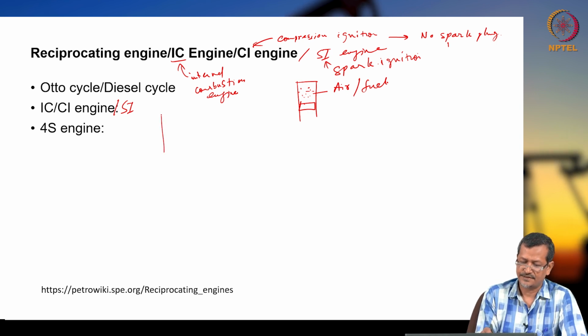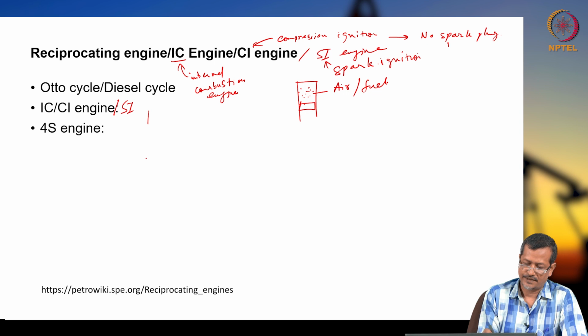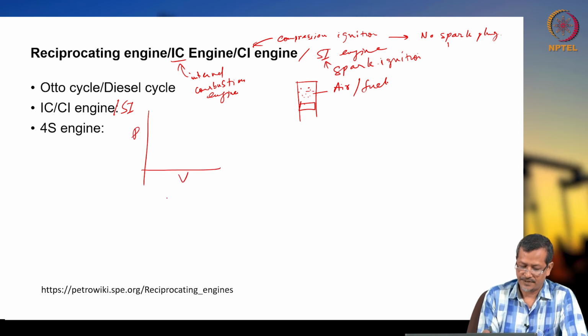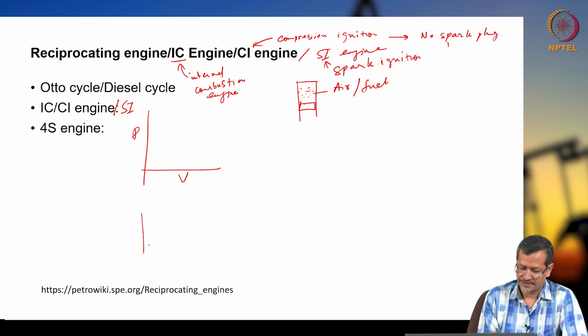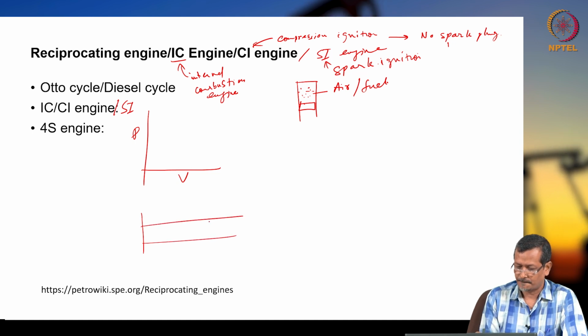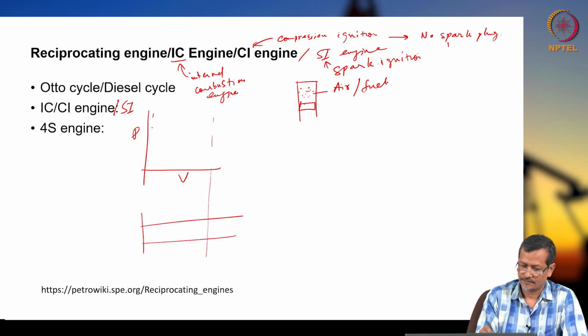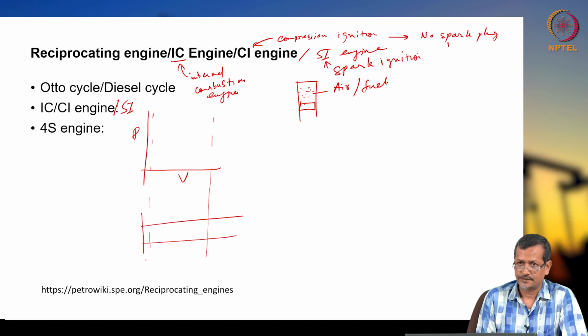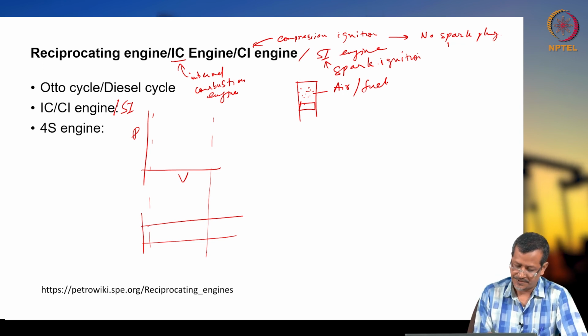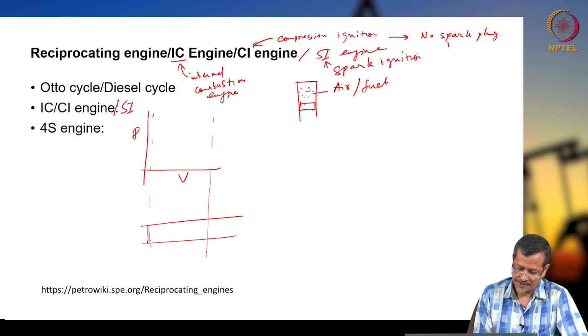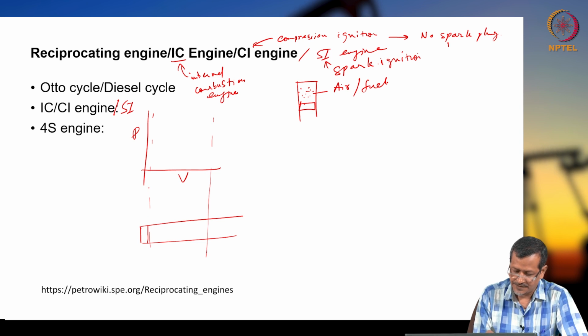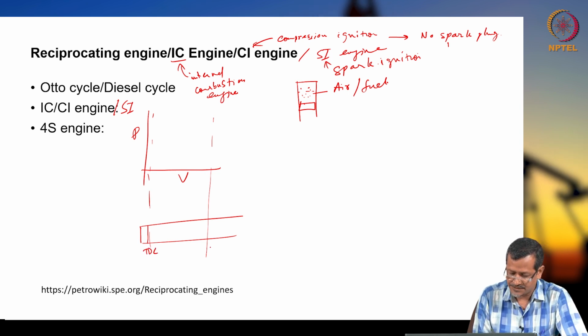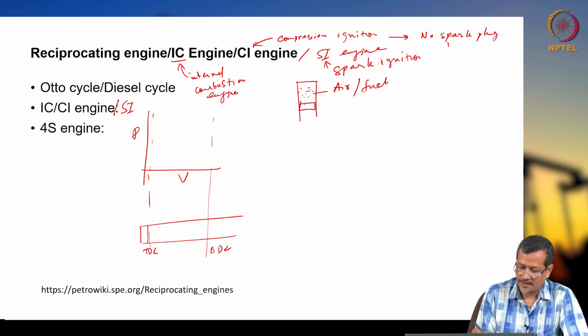Like the compression system you have seen. So the PV diagram, how can I draw it? PV diagram, and my piston cylinder arrangement will be like this. The piston will have TDC here, BDC here, and pressure volume.